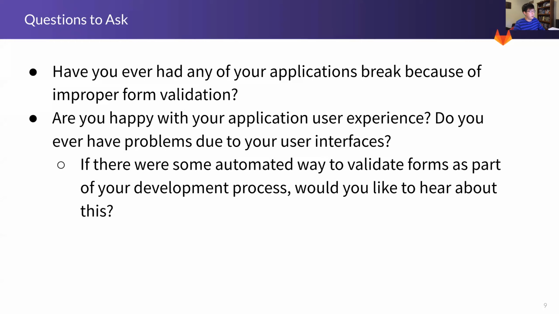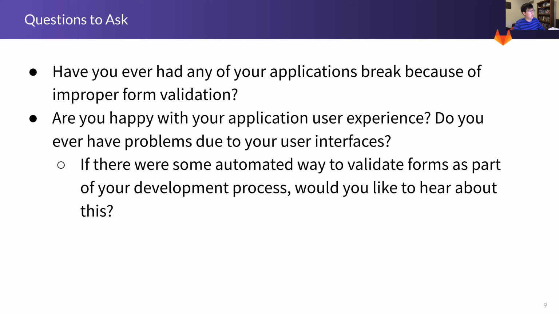So here are some specific examples that you can ask your customers. Number 1 is, have you ever had any of your applications break because of improper form validation? This is a question that's better for lower level, so engineering managers and the various engineers themselves. If you're talking with someone that's either a senior manager or higher, then you can talk more about value. So something like, are you happy with your application user experiences?